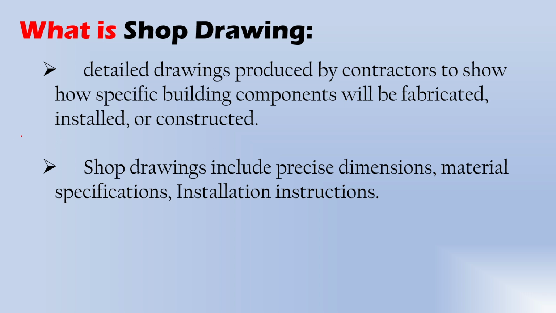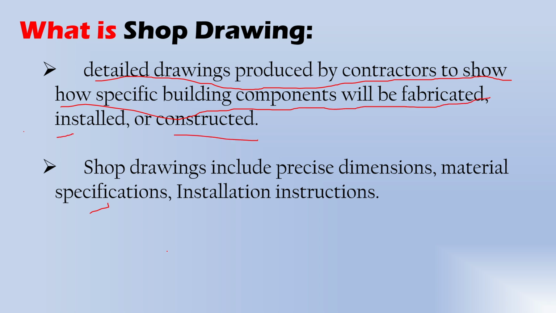Shop drawing is a detailed drawing produced by the contractor to show how specific building components will be fabricated, installed, and constructed. Also, the shop drawing includes precise dimensions, material specification, and installation instructions.